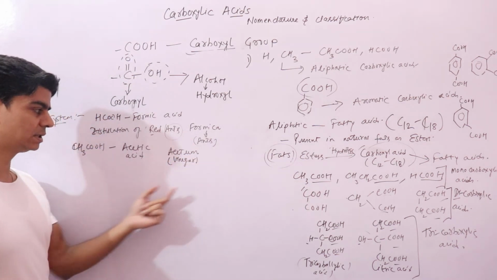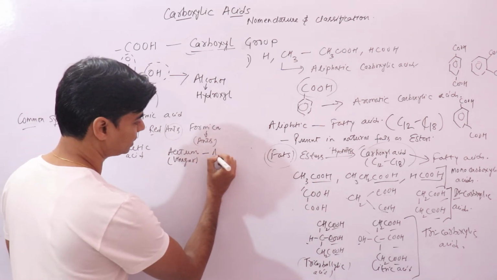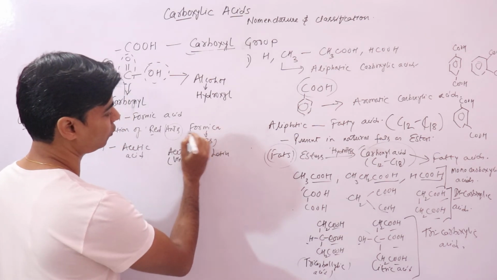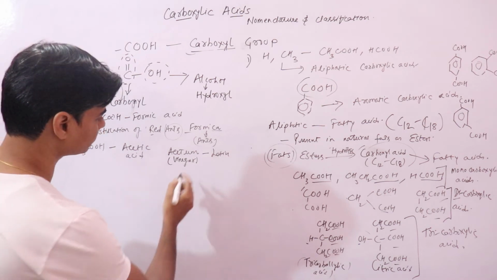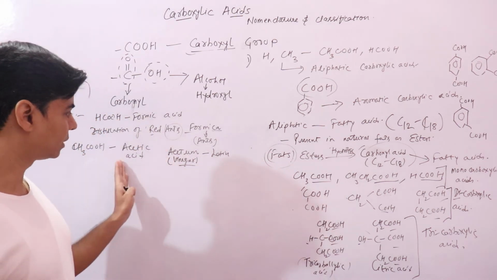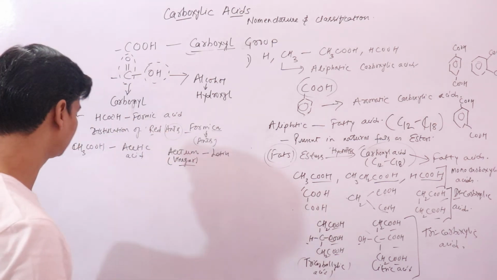So acetic acid is obtained from vinegar. Vinegar in Latin is acetum. This is in the Latin language, just as formica is ants in Latin. Acetic is taken from the word acetum, which in Latin means vinegar.